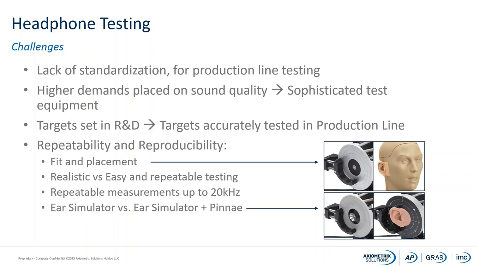In our R&D, we would actually like to make realistic tests, but in a production line, it's not necessarily what we want. In the production line, it is actually more important that it's easy to set up the test, that it's easy to do the test, and we will get the same results.